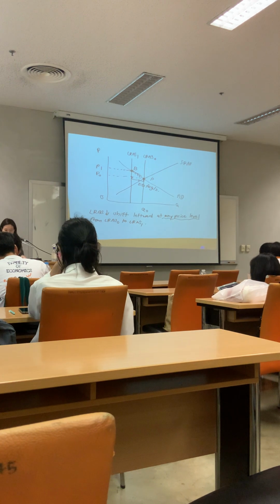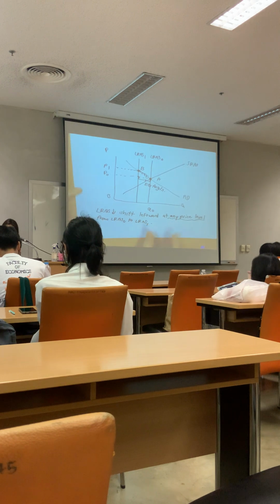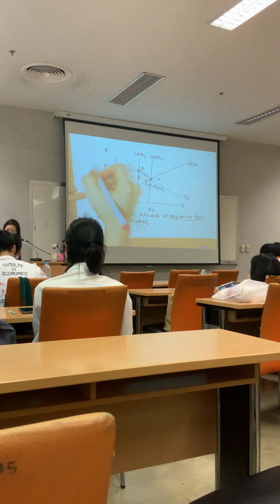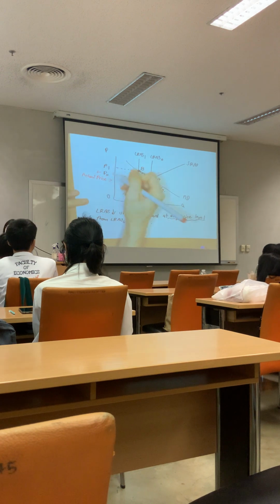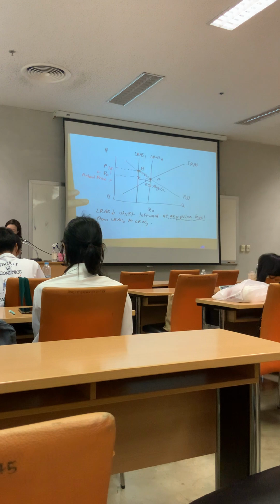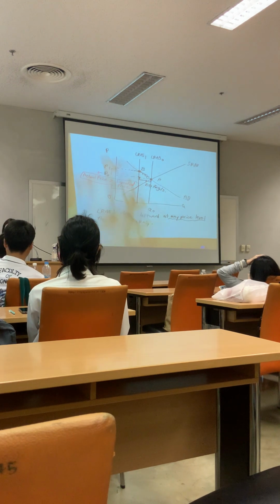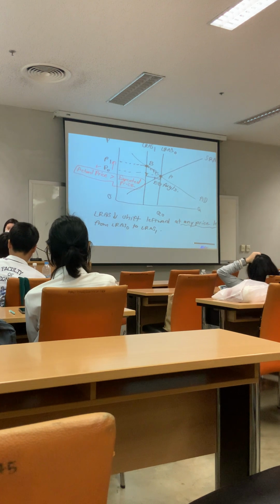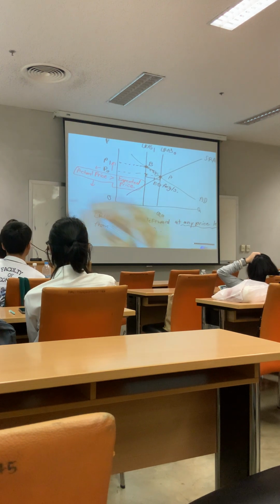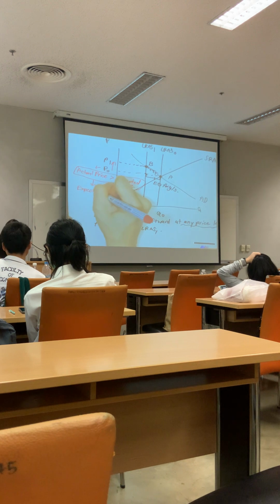So what happened next? Right now, at this point, the actual price is bigger than the expected price. So when time passes, people will tend to know more information about the price change, and then they will adjust their expected price.